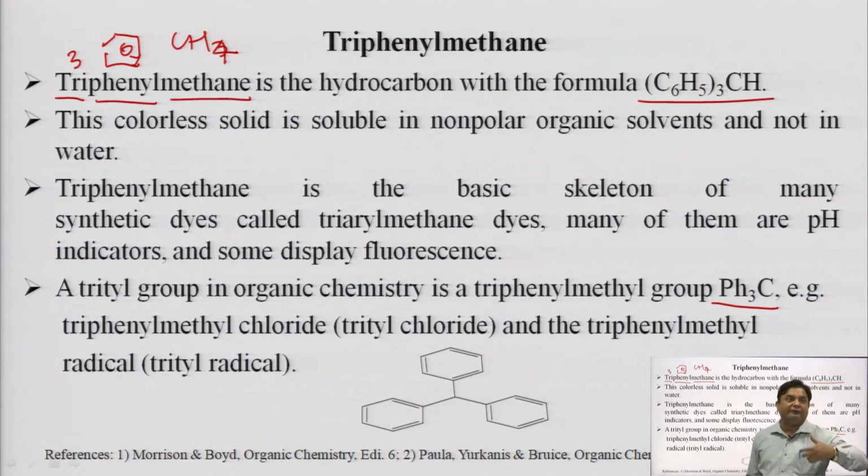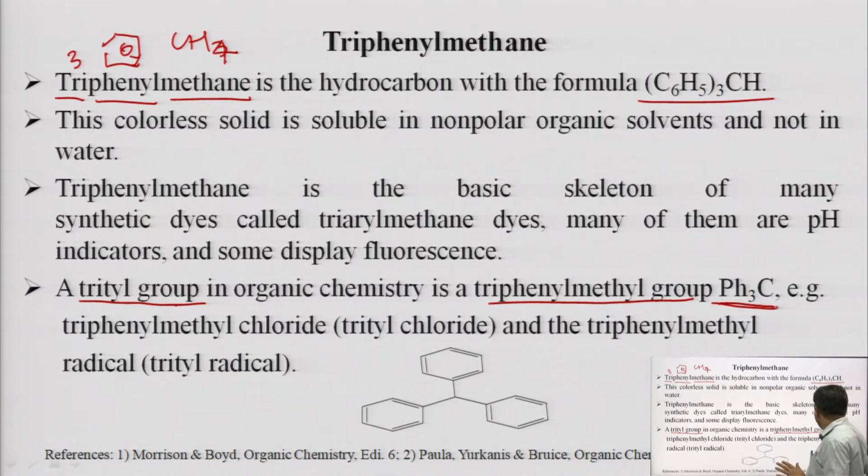Likewise, when we remove one hydrogen atom from triphenylmethane, it is known as the triphenylmethyl group, also known as the trityl group. This should be kept in mind carefully. It is denoted by Ph3C. For example, triphenylmethyl chloride is also known as trityl chloride, and the triphenylmethyl radical can also be called the trityl radical.